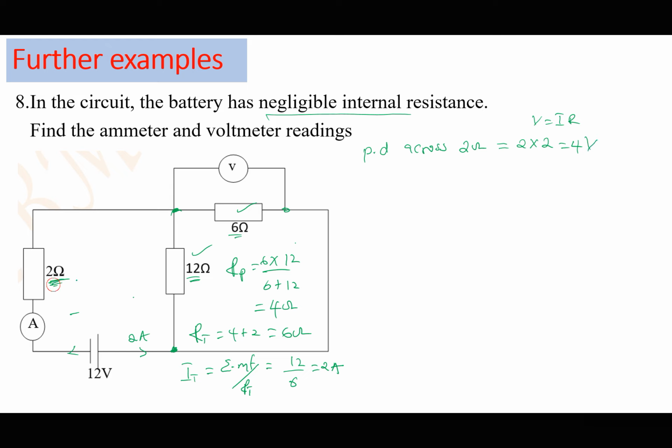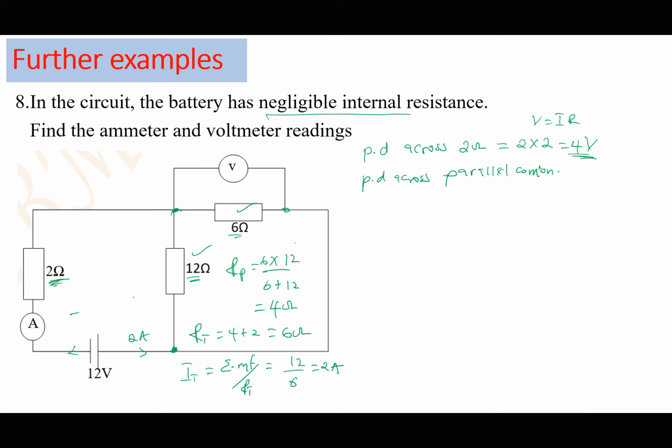The current through 2 ohms is 2 amperes, but the 2 amperes is divided into the 12 ohms and the 6 ohms. Remember, this is the PD across 2 ohms, so I will also find the PD across the parallel combination.